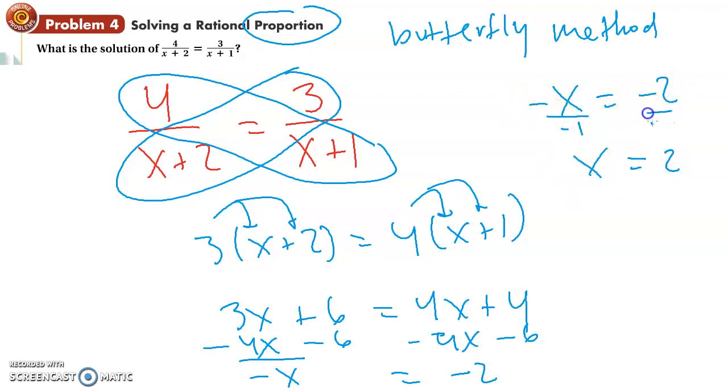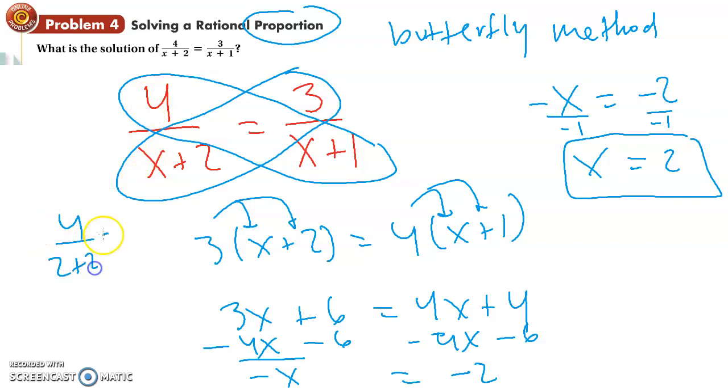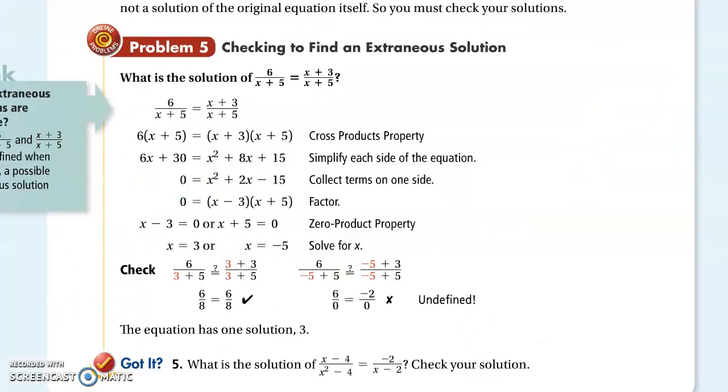You can divide by negative 1 on both sides, and you would get your answer. All right, how would I check my solution? I would plug them in. Does 4 over 2 plus 2 equal 3 over 2 plus 1? It sure does.